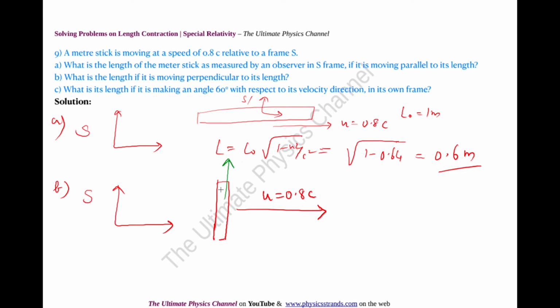So now no length contraction occurs along the length, but there may be a small length contraction along the width of this meter stick. But we don't have to worry about that because we don't have any information on its width anyway. So only about length we have an idea that it is a meter stick. So 1 meter length, whether that 1 meter gets contracted, that is the question. No, there will be no contraction. Therefore, the measured length is going to be 1 meter here again for an observer who is in S frame.